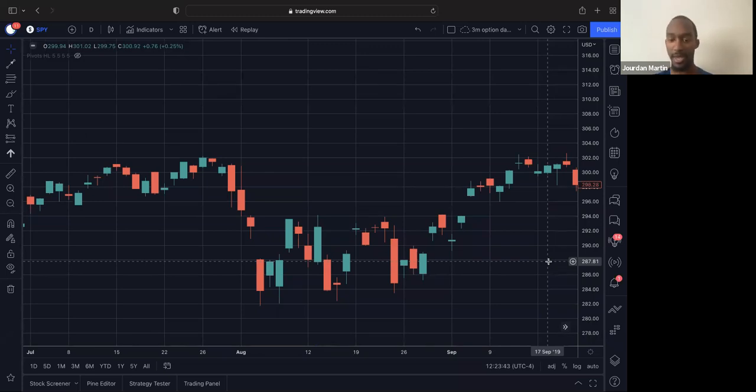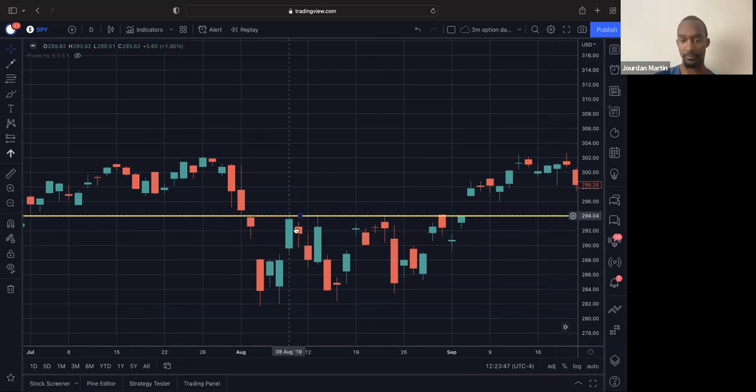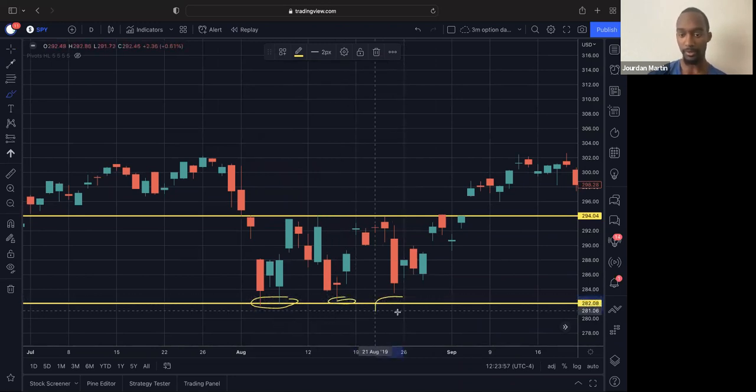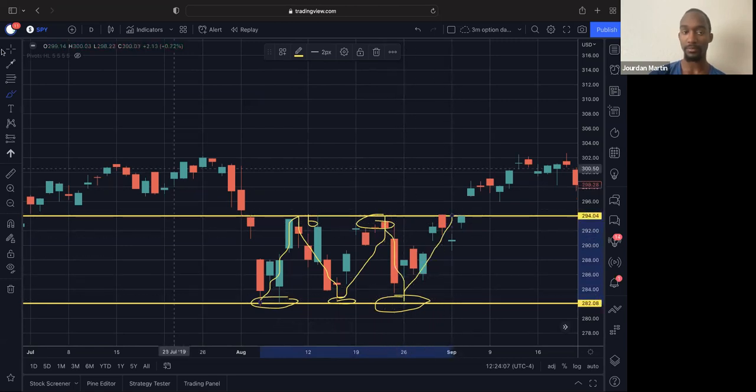So just because it's moving sideways doesn't mean you can't trade it. You're going to trade it within the range, okay? Right, but we see that these lows continue to be the same, right? And our highs continue to be the same on all these moves, right? Up, down, up, down, up, right?